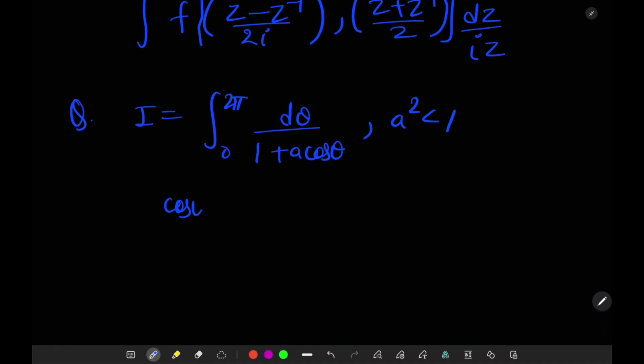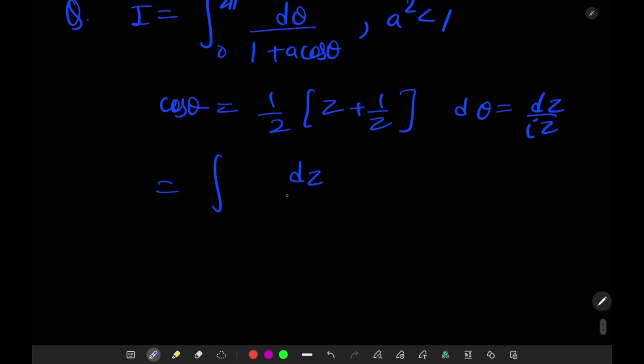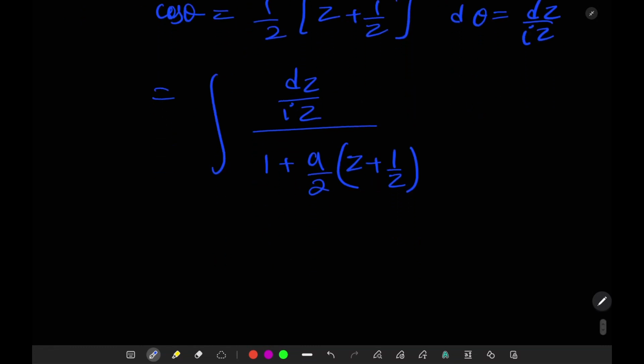Now using cos theta is equal to 1 by 2 times (z plus 1 by z), and putting d theta equal to dz divided by iota z. Now on solving we get this value.